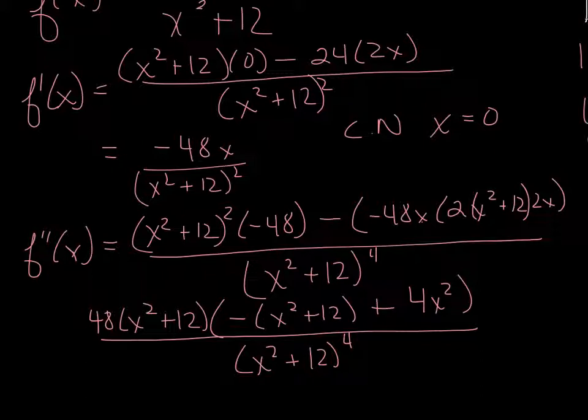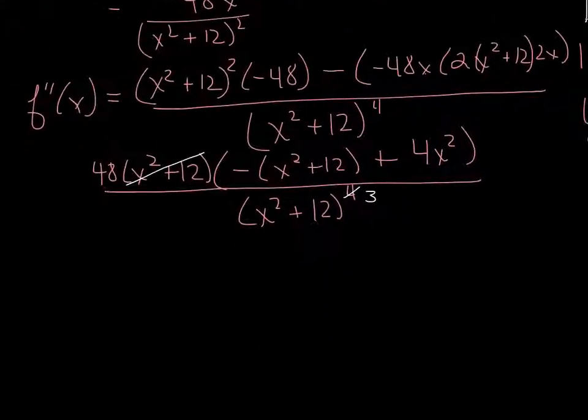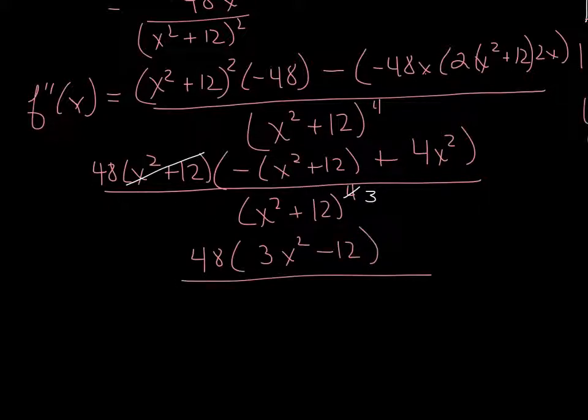All right. This cancels with one of those, and I'm left with 3. And we have 48 times negative x squared plus 4x squared is 3x squared minus 12 over x squared plus 12 cubed. Why is it? Because we have to distribute that minus.